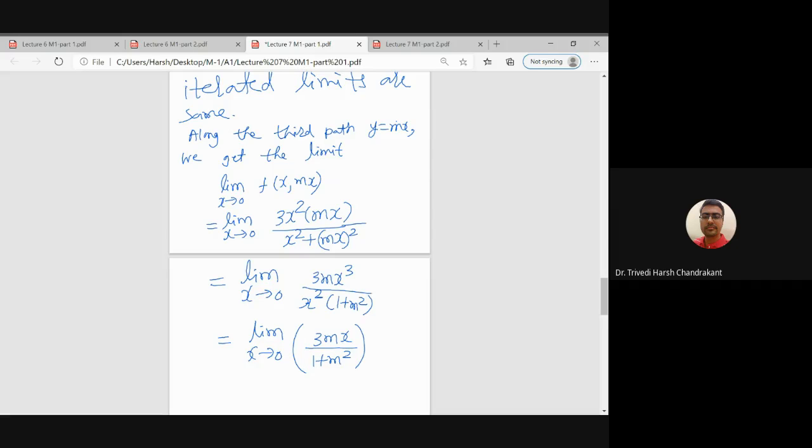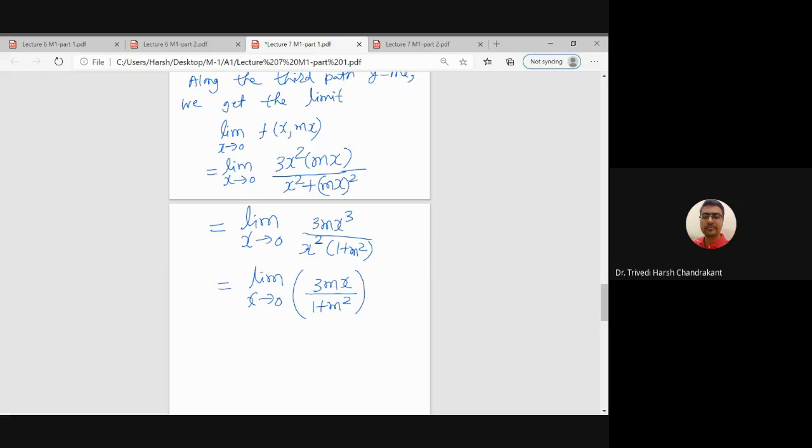So whatever m we take in the y equal to mx line, whether we take y equal to x line for m equal to 1, y equal to 2x line for m equal to 2, whatever line we select, our limit always will become 0 for all m, right?